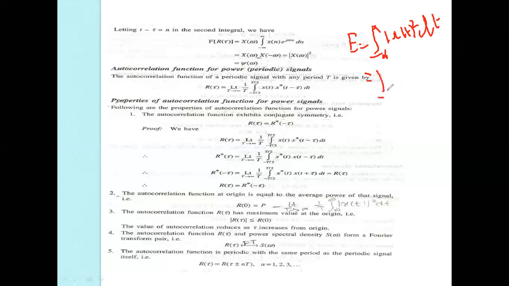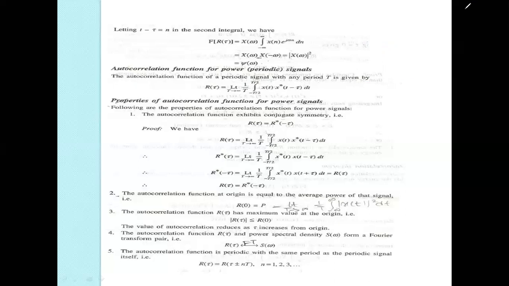The squared magnitude gives x of t x conjugate of t dt. The conjugate is a delayed version. So R of tau is equal to the limit as T tends to infinity of 1 by T, the integral of x of t x conjugate of t minus tau dt.